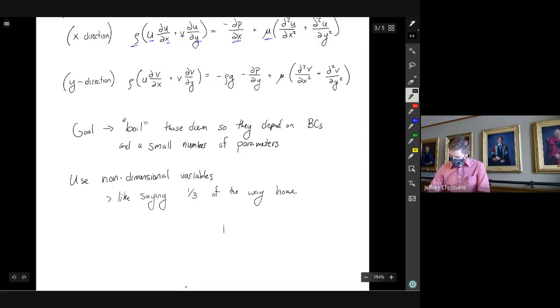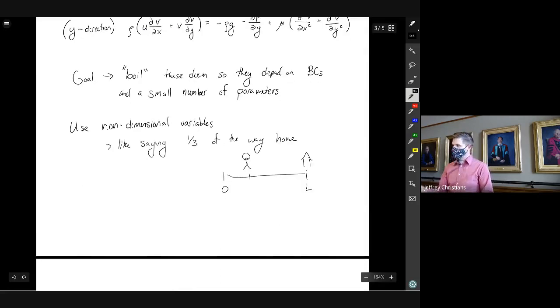So you have 0, you have your house, and you have L, and you're 1/3 of the way to L. Your non-dimensional position is your actual position divided by the total distance. Say it's 3 miles home, you're a mile into your trip. A mile divided by 3 miles is 1/3, so you're 1/3 of the way home.